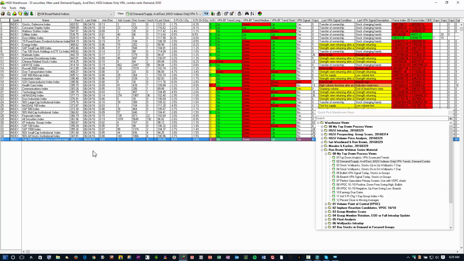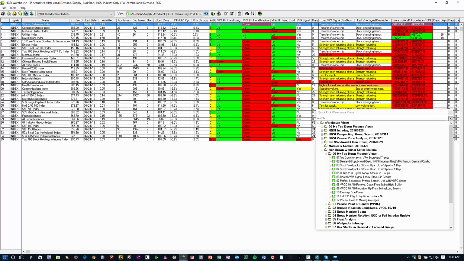These are the institutional stocks that are traded heavily. 97 decliners, 3 advancers. Look at the all stocks institutional: 1,866 decliners, 140 advancers. Small caps, 836 to 44. Huge negatives. The defensive stocks held up best, if you can call this holding up. 3 advancers to 23 decliners.